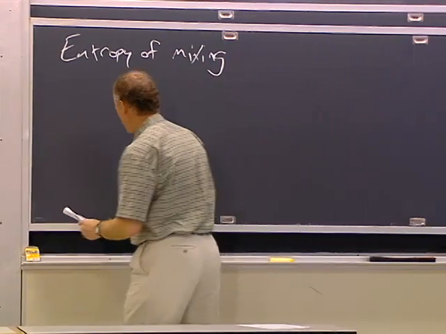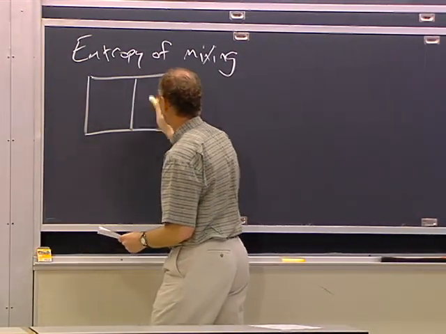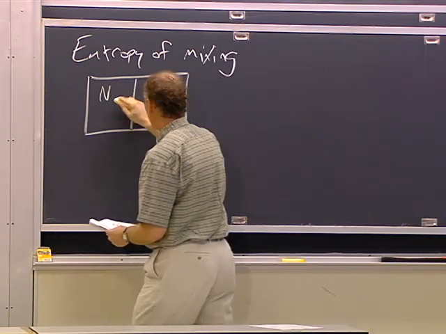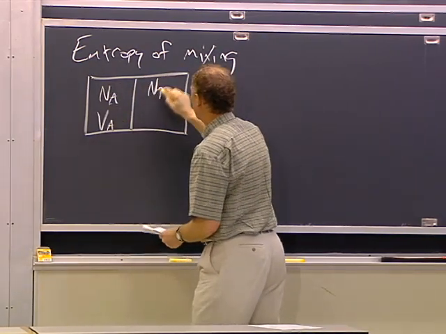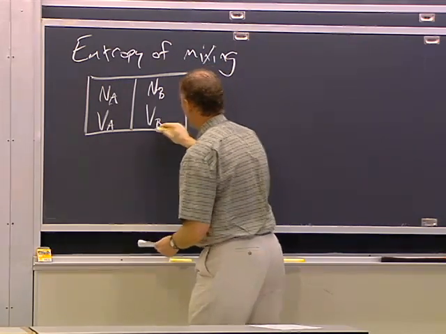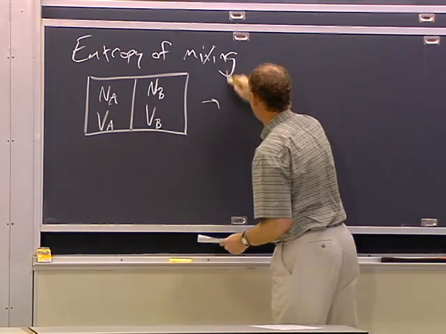Right? So now we have NA molecules of A in some volume VA and NB molecules of B in some volume VB. And then we're going to open it up.